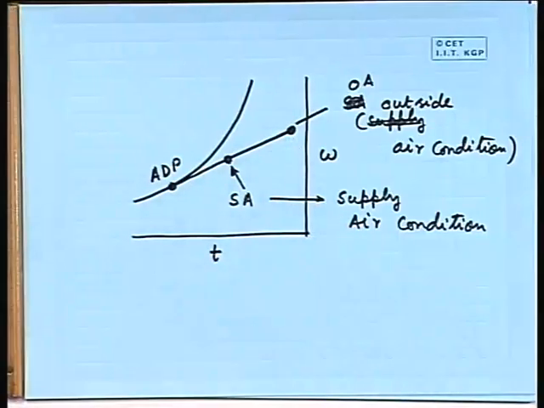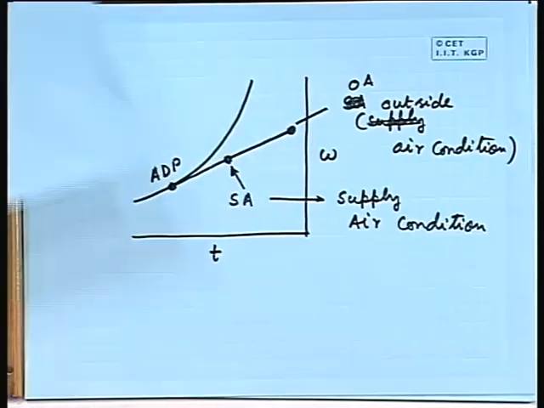So, the process shown on the psychrometric chart is idealized like this, that part of the air is in perfect contact with the cooling coil and part of the air is totally bypassing the cooling coil.